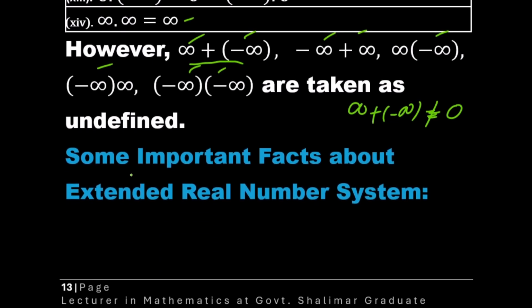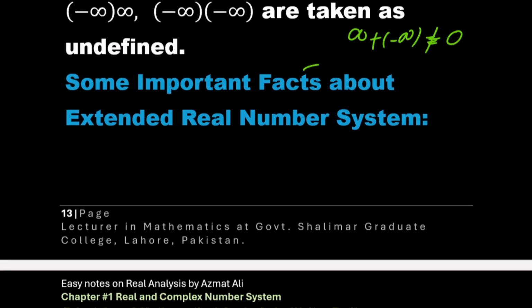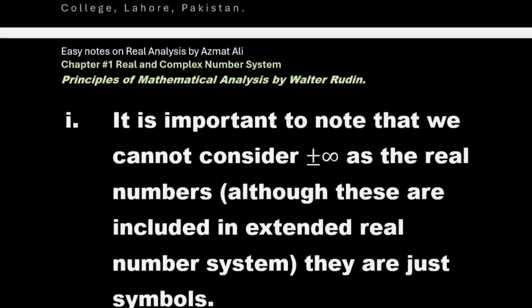Next, I am sharing some important facts about the extended real number system. The first one is, it is important to note that we cannot consider plus minus infinity as real numbers. Although these are included in the extended real number system, they are just symbols.